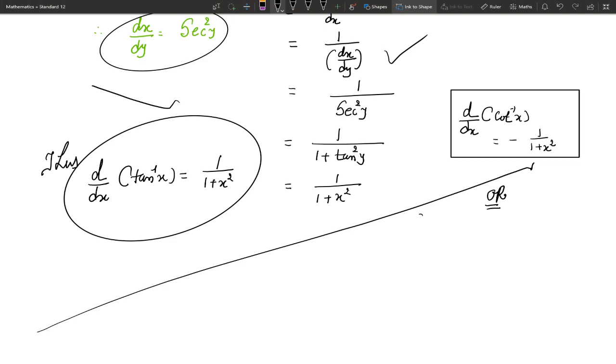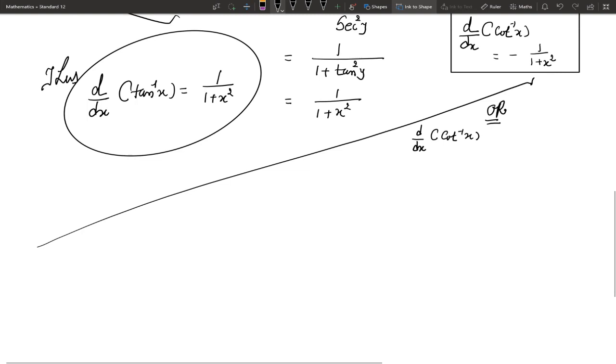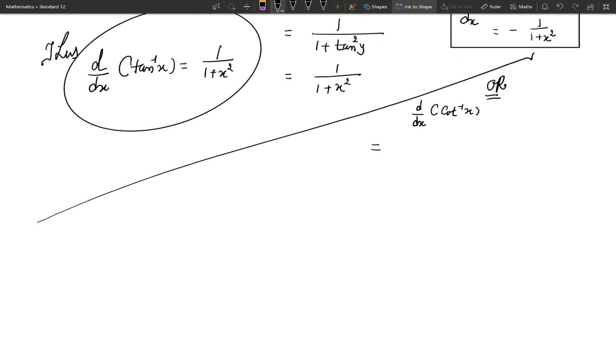For example, d by dx of cot inverse x is nothing but d by dx of pi by 2 minus tan inverse x.